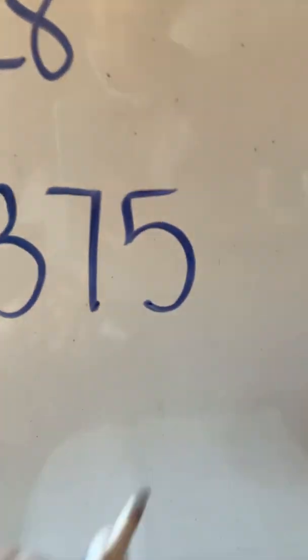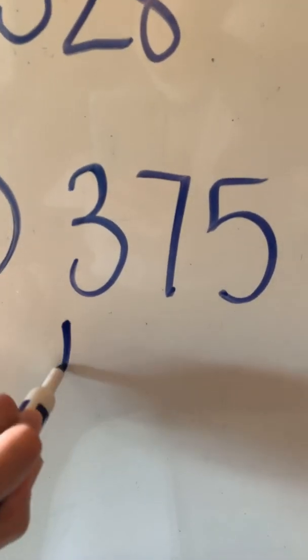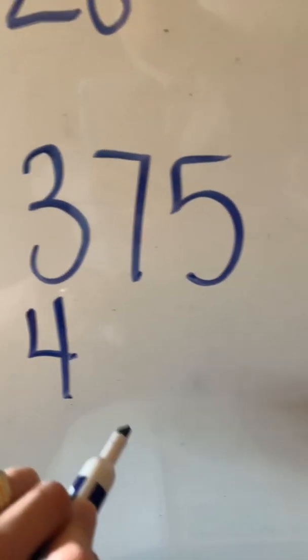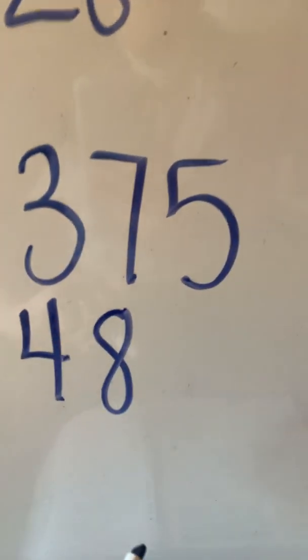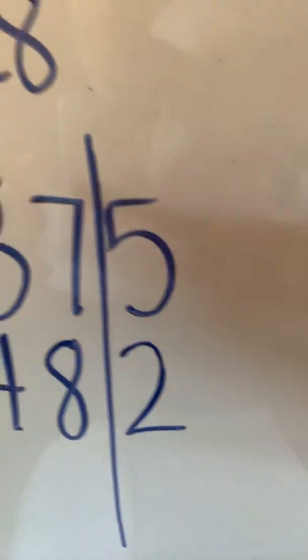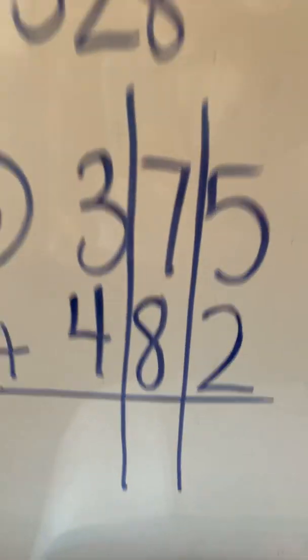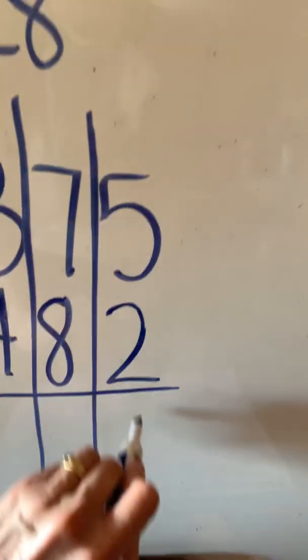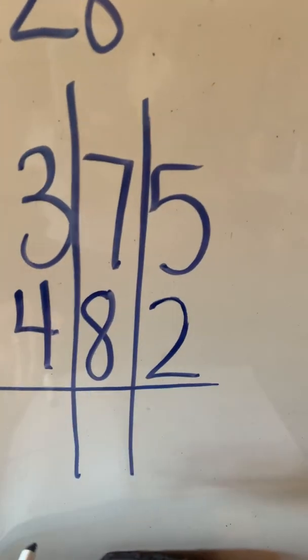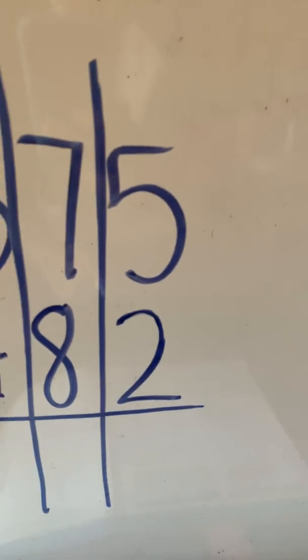375 has 3 hundreds, 7 tens, and 5 ones, plus 4 hundreds, 8 tens, and 2 ones. Now, if you want to, I know this helped some of you, you can make your lines. So you can line up your ones, your tens, and your hundreds. Let's go ahead and do this. 5 plus 2.